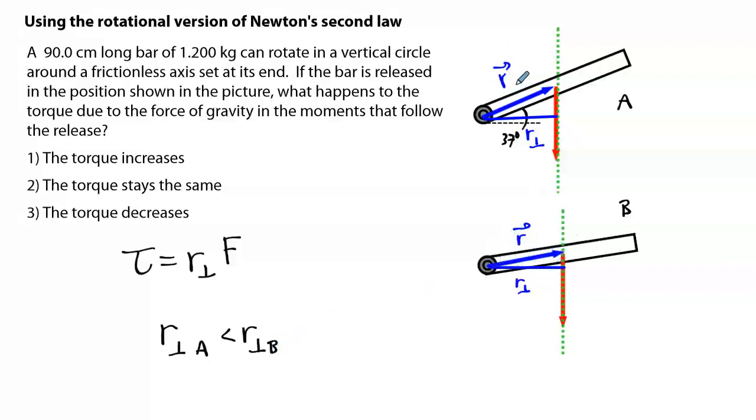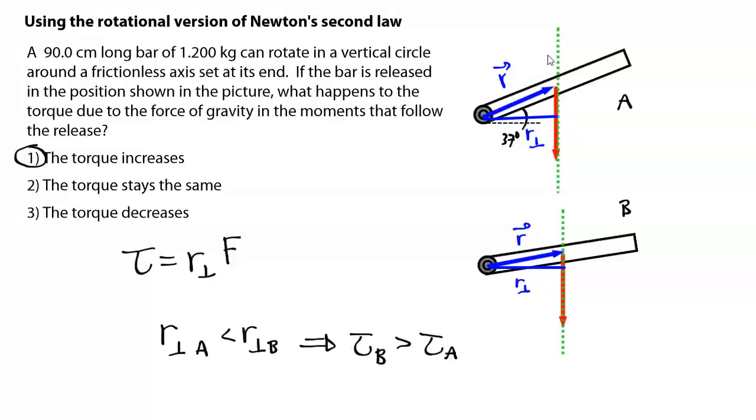And we know that the R vector itself is always the same length since it corresponds to half of the length of the bar. So we can conclude that the torque due to the force of gravity in case B will actually be greater than the torque due to gravity in case A, and therefore the torque is actually increasing in this situation.